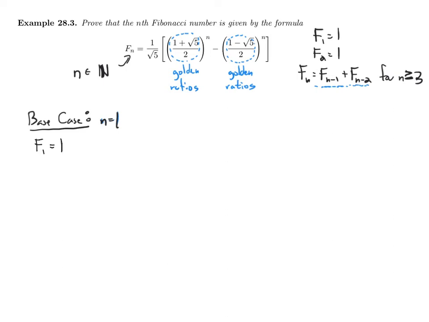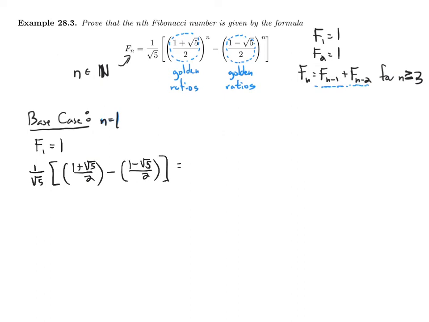Let's figure out what this is. 1 over root 5 times (1 plus root 5) over 2, to the 1. I won't write to the 1 because anything to the 1 is just itself. Minus (1 minus root 5) over 2 to the 1. So let's simplify this.